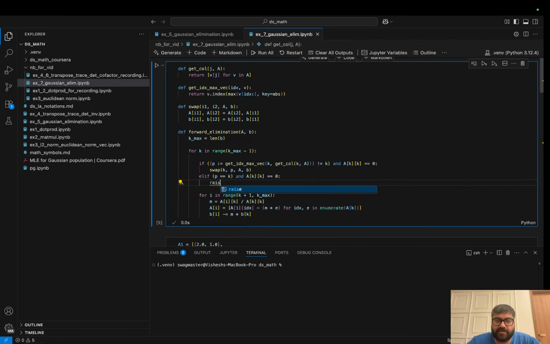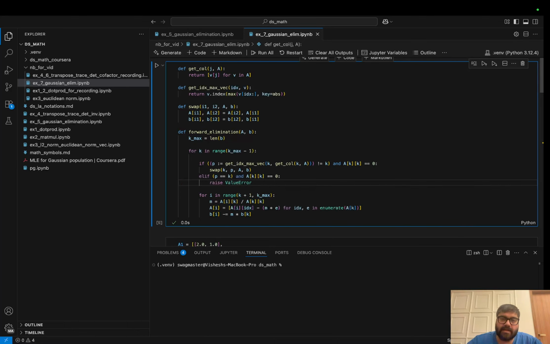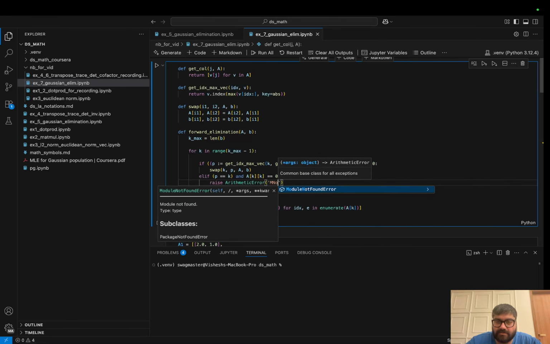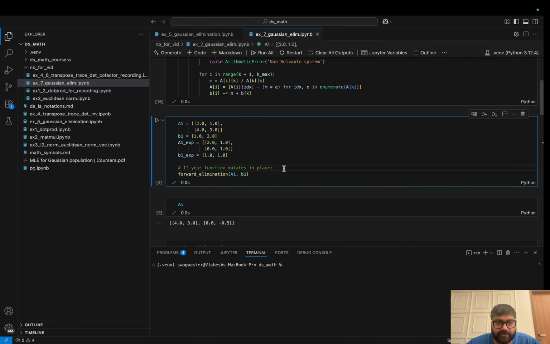We'll just say raise value error, right? Actually, it's more of an arithmetic error, I guess, because it's a non-solvable system, right? I believe that should fix this.